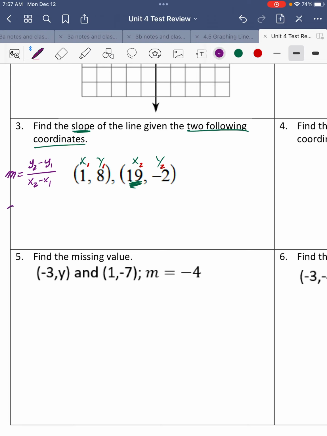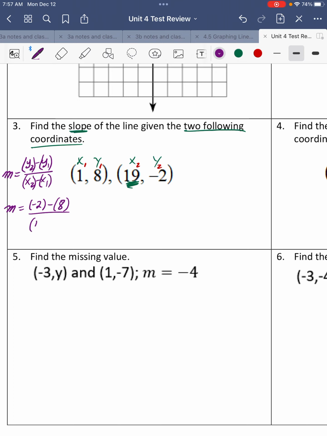So in our problem here, we have y2, let's put these in parentheses, y2 is -2 minus y1, which is 8, over x2 is 19 minus x1 is 1. -2 minus 8 is -10. 19 minus 1 is 18.